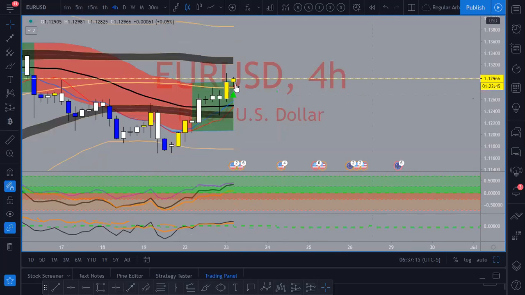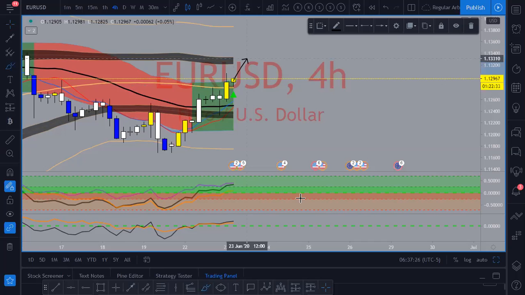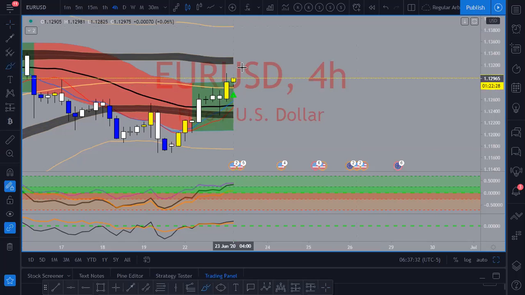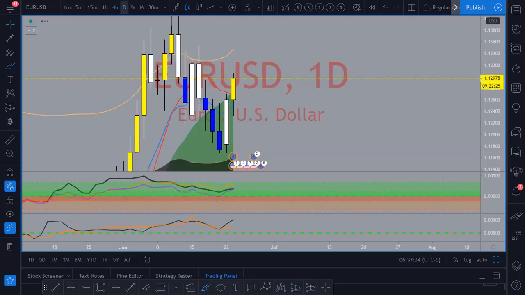I'm not a fan of buying up here, but I do have all the confidence in the world that price is going to reach at least up here. But like I said, I'm not really a fan of buying at this high, unless I'm looking for a scalping entry. I still need to finish my scalping video, but I'm not going to talk about that.